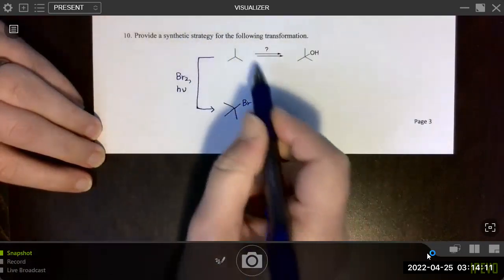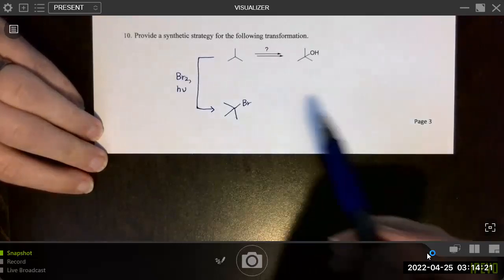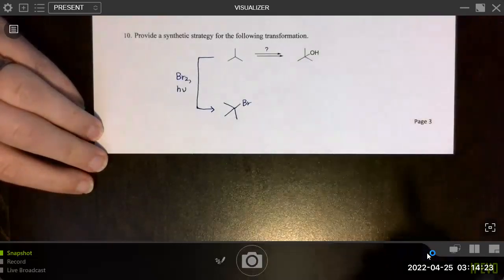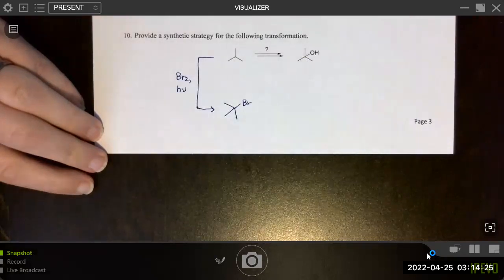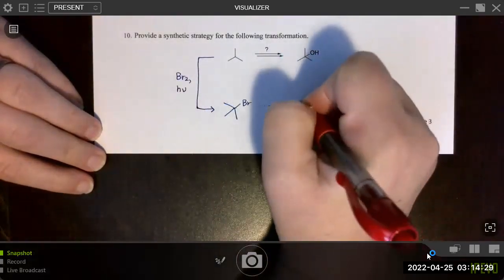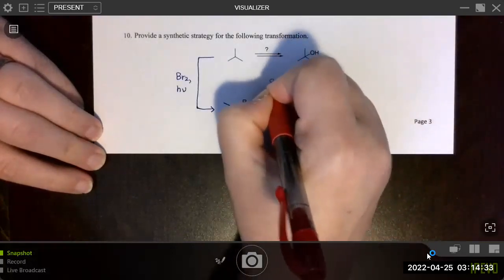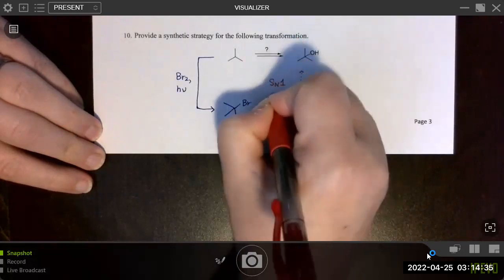That is your only choice because that's the only thing we can do to functionalize an alkene. So from here, you might be tempted to do an SN1 reaction. And that is certainly possible, but I'm just going to draw a little dotted line to do SN1 with water.